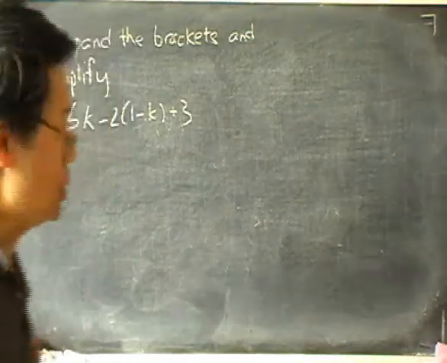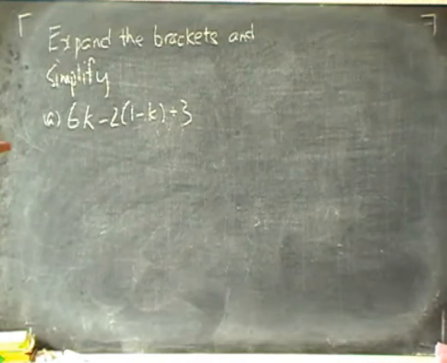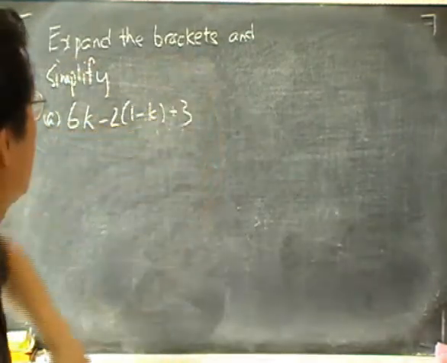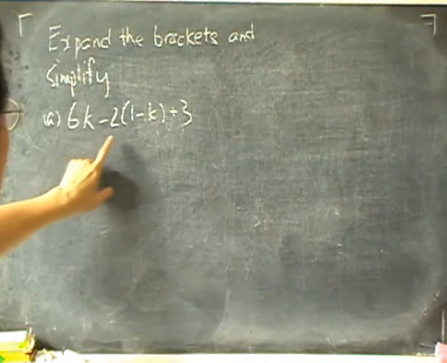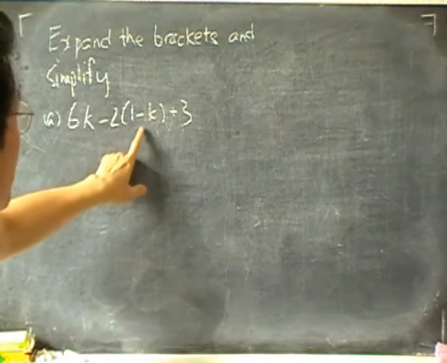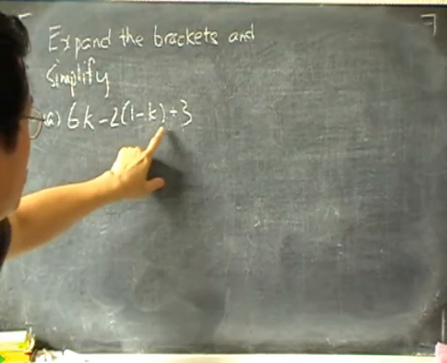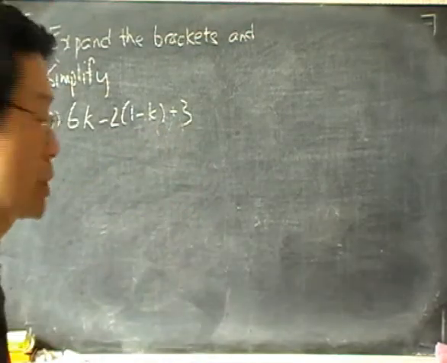In this next question, we must expand the brackets and simplify 6k minus 2 times bracket 1 minus k close bracket plus 3.